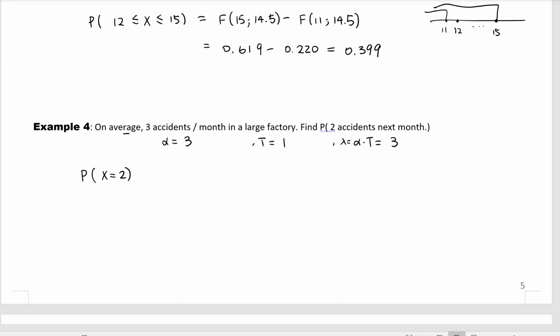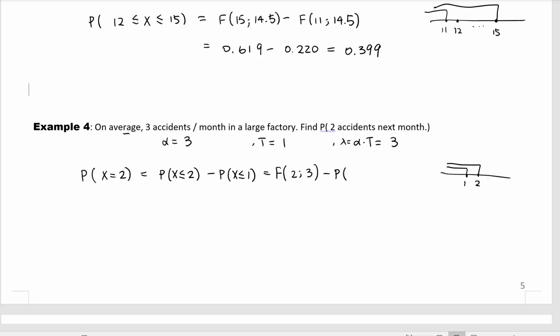Well, exactly 2 is less than or equal to 2, subtract less than or equal to 1. So that is capital F of 2, my lambda is 3. So you always write the first number as the K value, and then the second number is the parameter. Okay, don't mess them up.